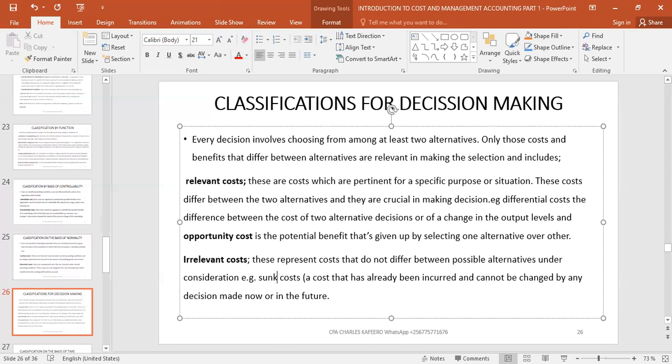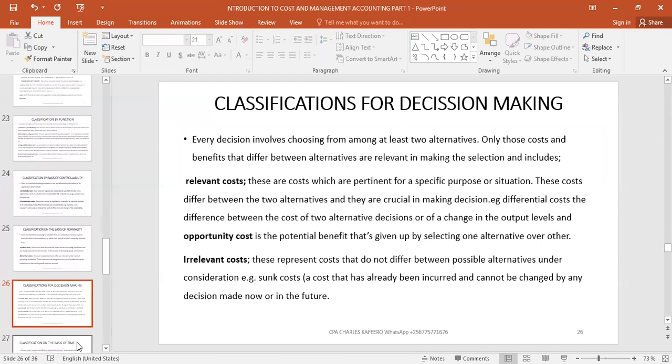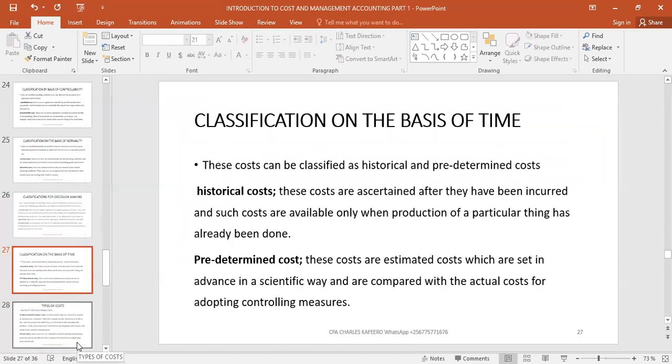Then the other one, let's look at the last classification, which is based on time. These costs can be classified as historical and predetermined costs.